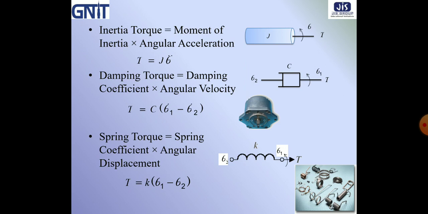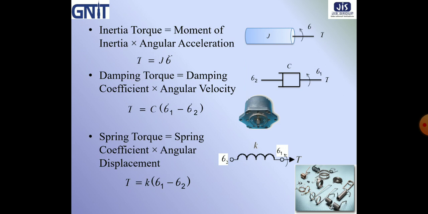Next is damping torque. Damping torque is equal to damping coefficient into angular velocity. Now the damping coefficient is represented by c, and the angular velocity between the two ends is represented by theta 1 dot minus theta 2 dot, where theta is the angular displacement.